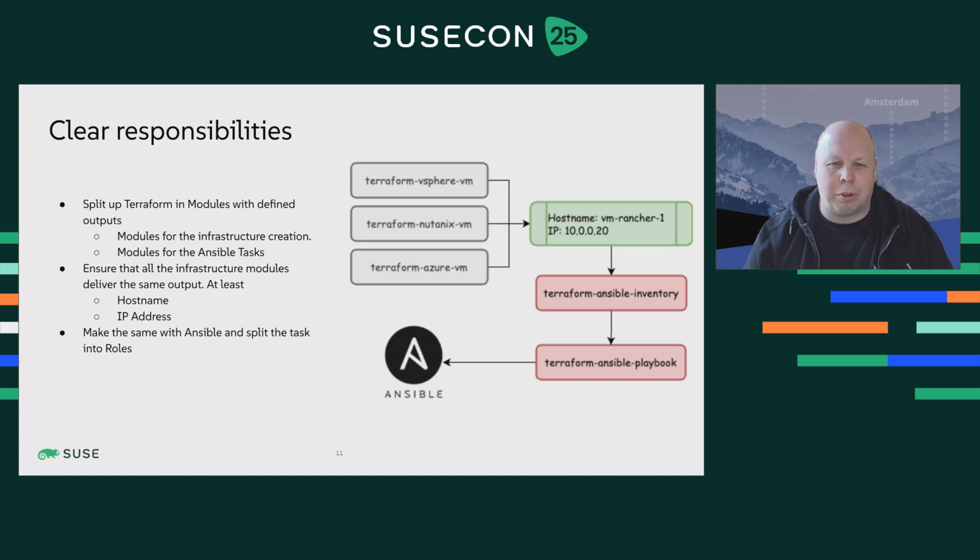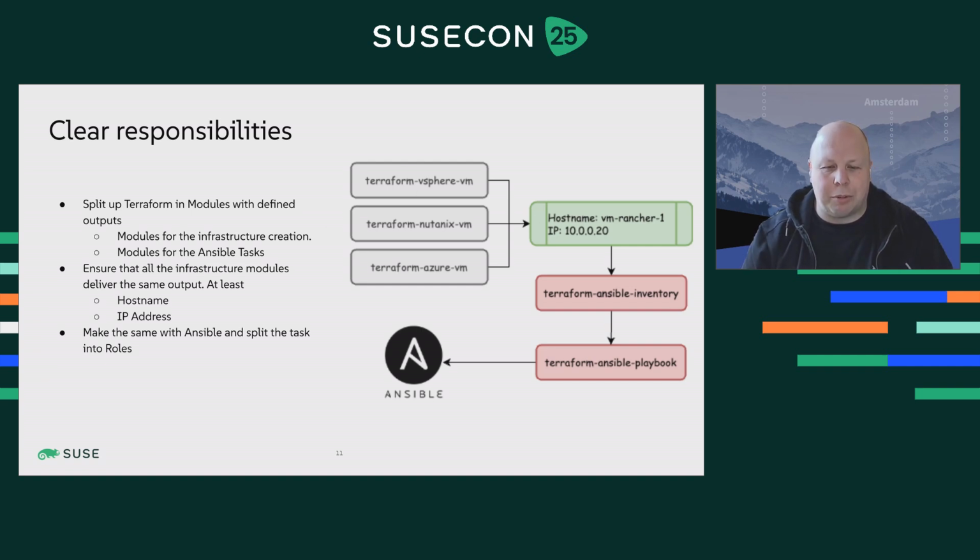So, for example, we already knew that we had to roll out SUSE Rancher or the initial RKE2 cluster to different hypervisors. Especially our customers use vSphere and Nutanix as their hypervisor, so it was clear to us that we at least need those two.